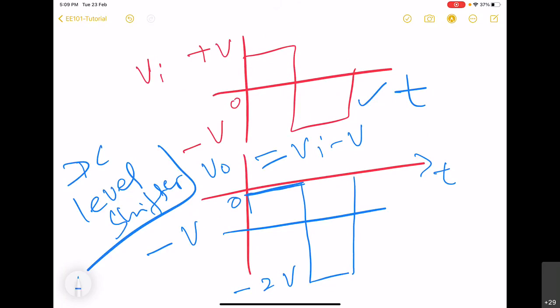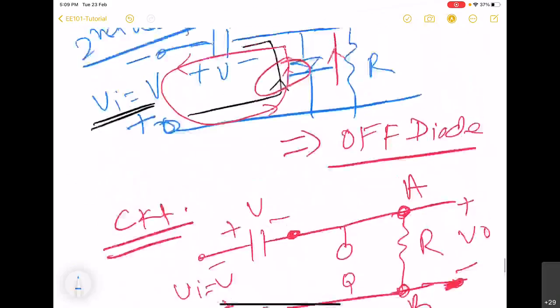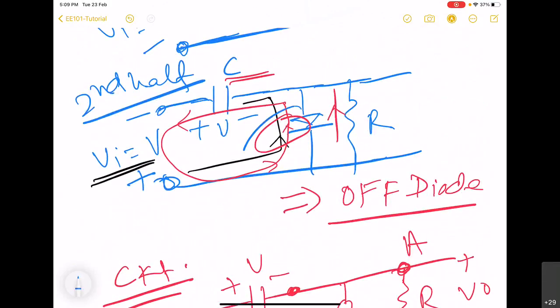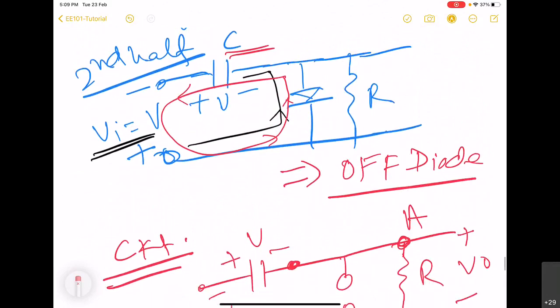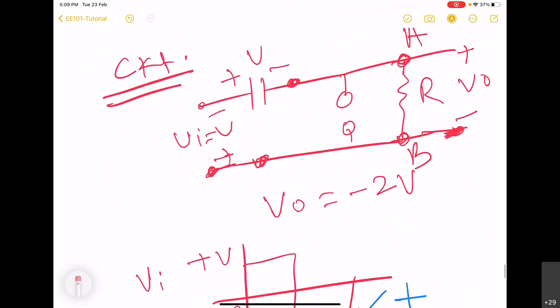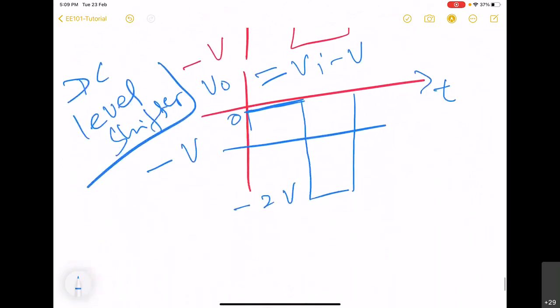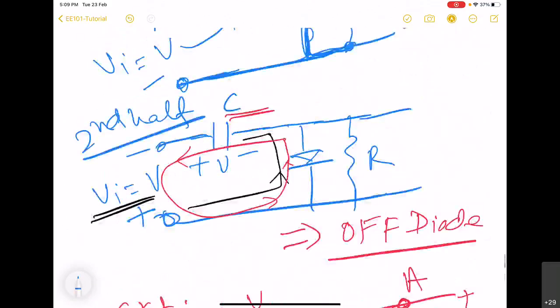So similarly, you can analyze the other circuit. Once again, the most important aspect is drawing all the electric fields around the diode, and then concluding whether the diode is on or off. And once you know the on and off status, you can substitute them by their equivalent model and then analyze the circuit.